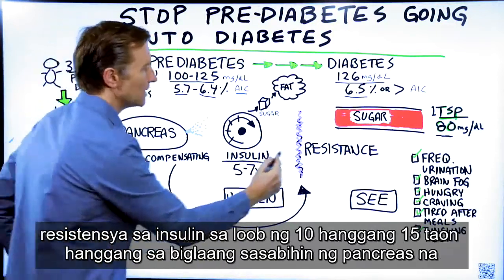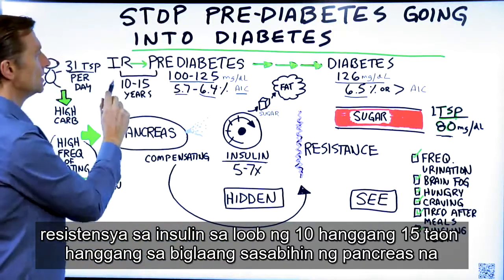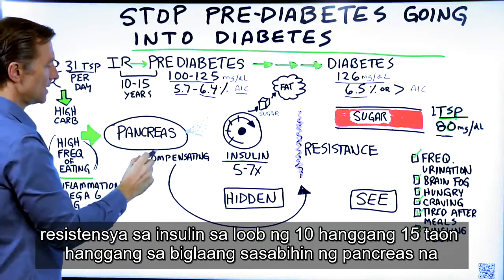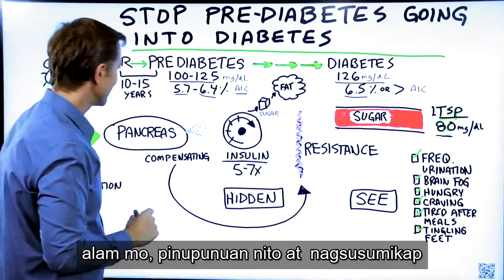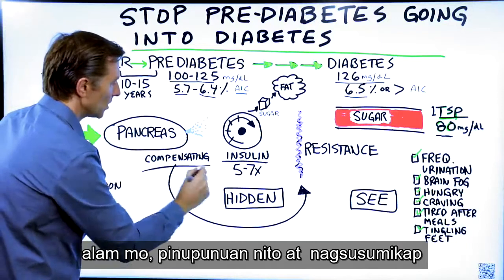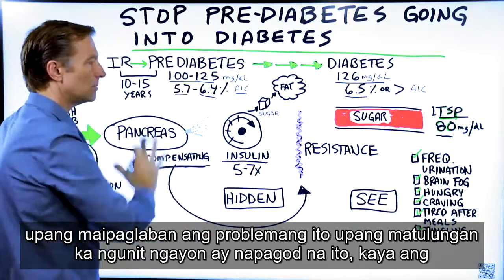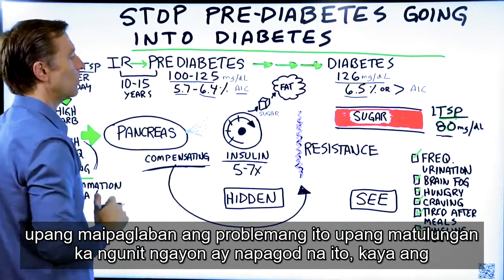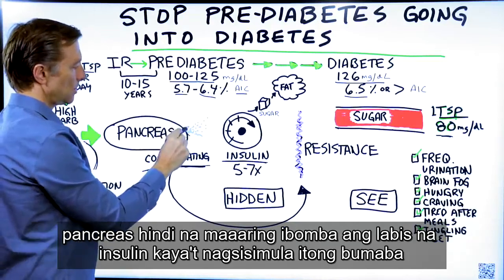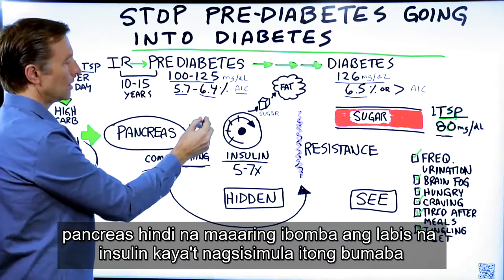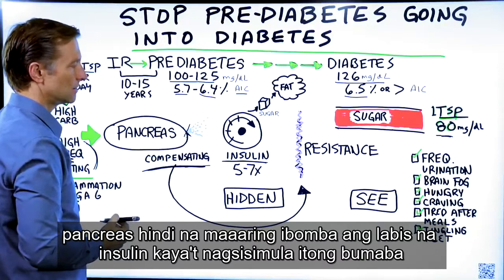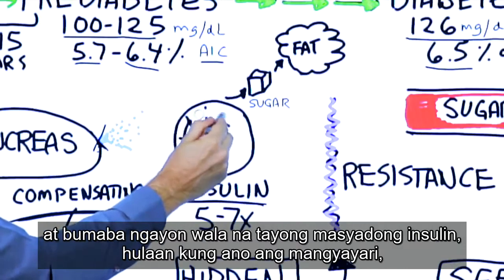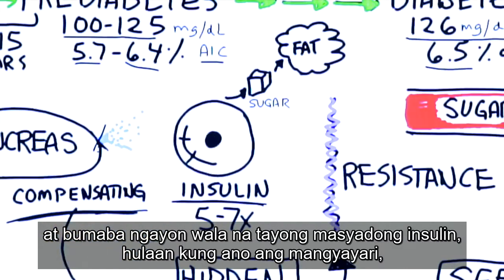So you may have insulin resistance for 10 to 15 years until all of a sudden this pancreas says, you know what? It's been compensating, it's been working hard to counter this problem to help you, but now it's exhausted. So the pancreas can no longer pump out that much insulin. So this starts going down and down. Now we don't have as much insulin. Well, guess what's going to happen?